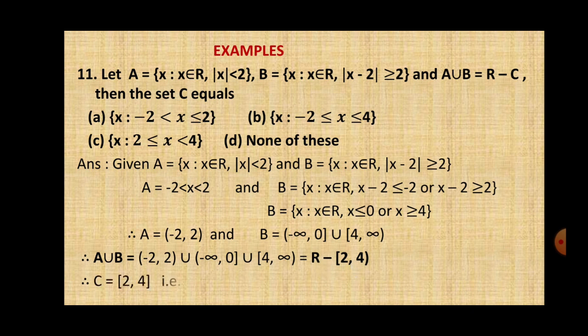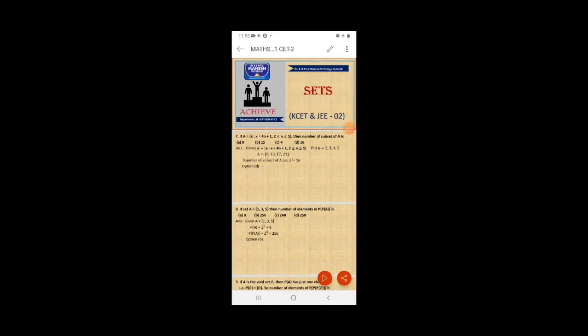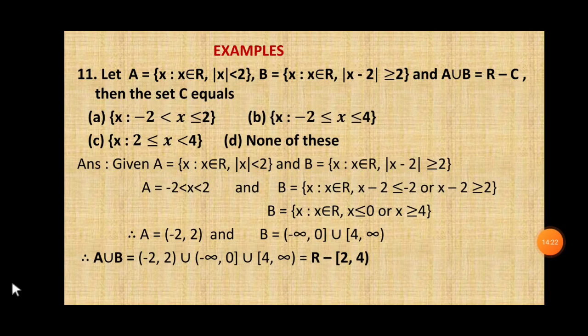Now this term you can compare with A union B equal to R minus C. We get set C equal to 2 comma 4. So by comparing these two terms, we get set C equal to closed interval 2 comma 4 open interval.